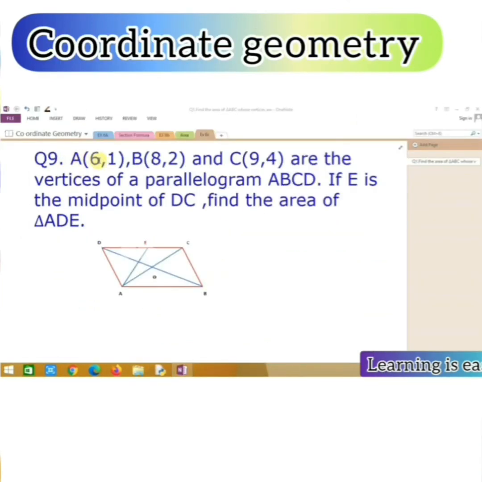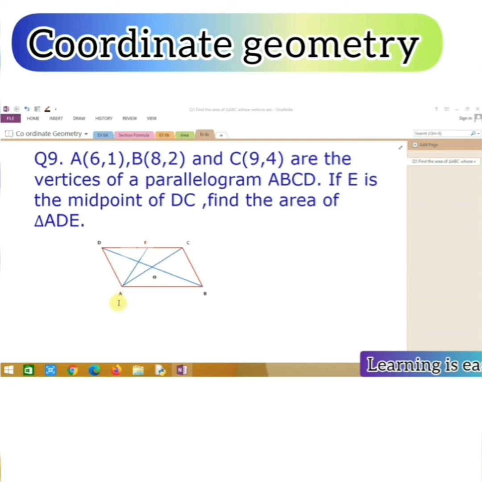Next, question 9. A, B, C are the vertices of the parallelogram ABCD. If E is a midpoint on the line DC, find the area of the triangle ADE. So one of the coordinates here is missing, that's D. By applying the midpoint formula, AOC is the same as BOD.